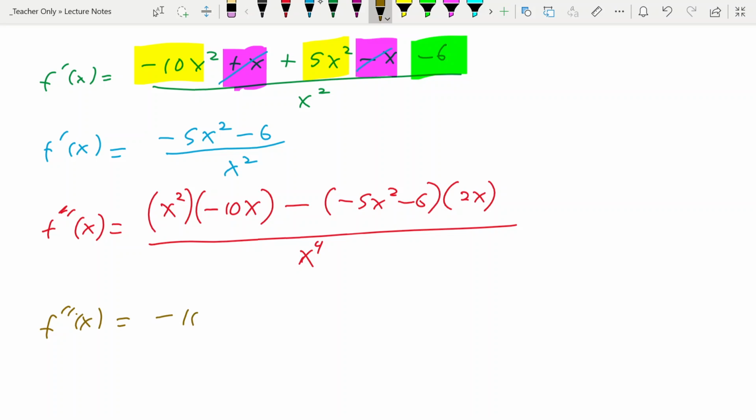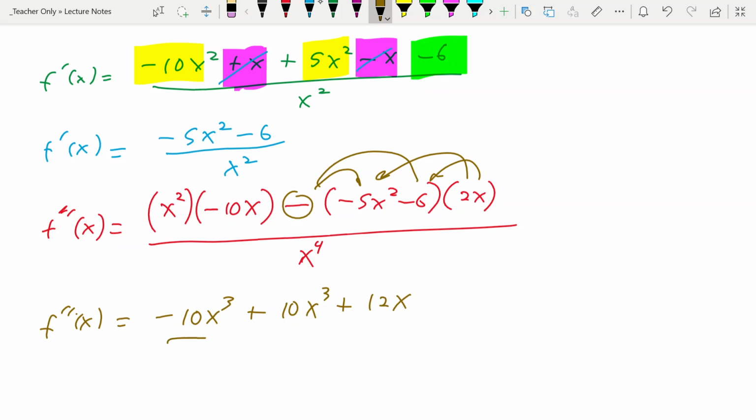That would make negative 10x cubed. Take this, distribute this negative through. We're also going to distribute the 2x through, resulting in, let's see, that'd be positive 10x cubed. And then here we're going to have a positive 12x all over x to the fourth.